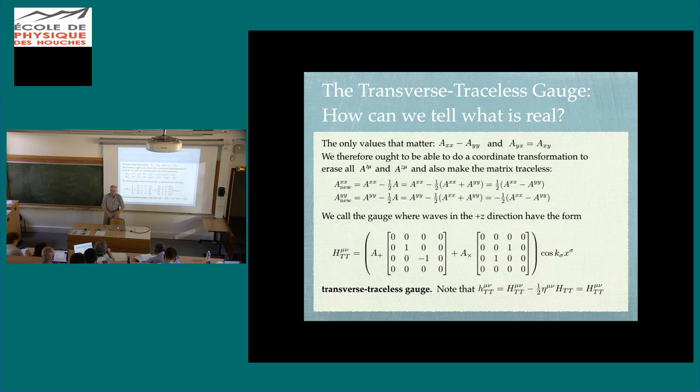So part of why I like this approach is that when I was first learning about gravitational waves, I thought, oh gee, if I want to find the wave in a certain direction, I have to go through this very long process to figure out for each wave direction what the transverse-traceless gauge looks like. So I have to take my starting wave and do a complicated transformation. But you don't.